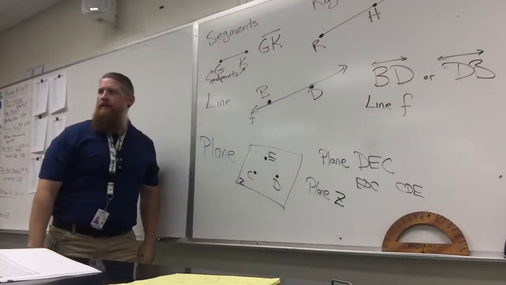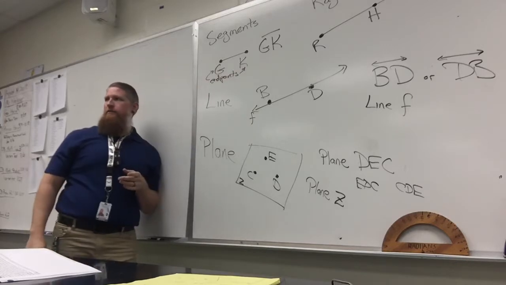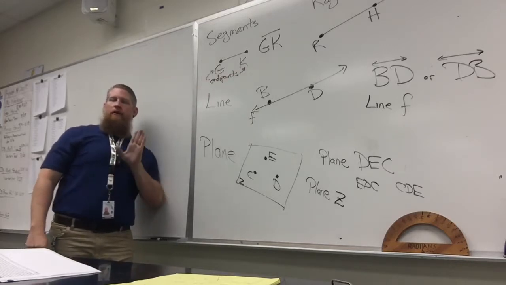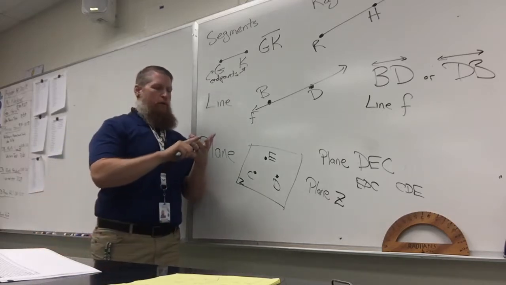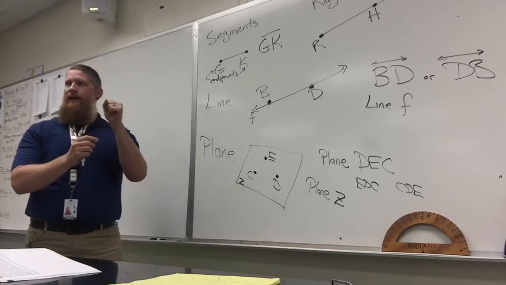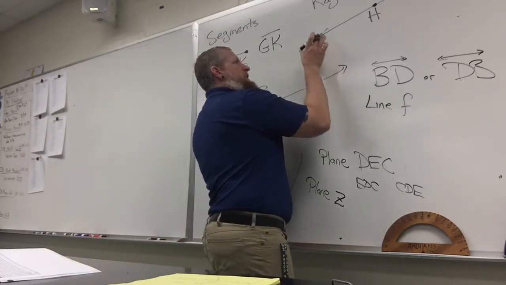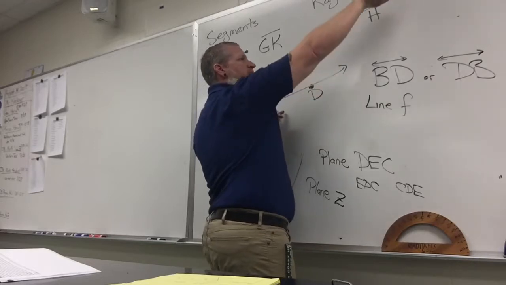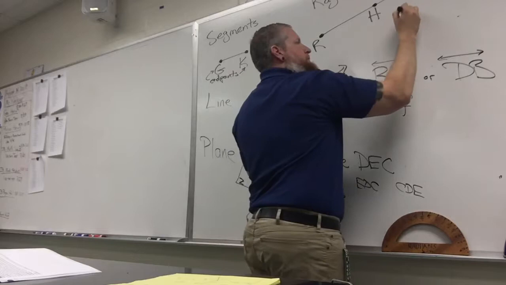Okay? Now, this is going to be the starting of where ordering is going to matter. All right? When you name a ray, when you do your notation for a ray, you always start with your initial point, which is the dot that doesn't have the arrow with it. Okay, so if I'm naming this, I'm starting at R and then it's passing through point H. That's the way the arrow is pointing.